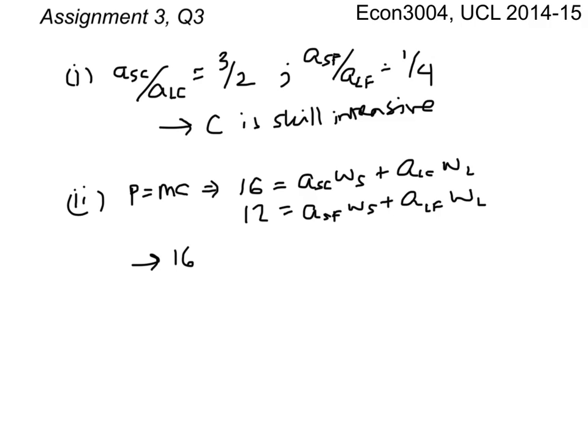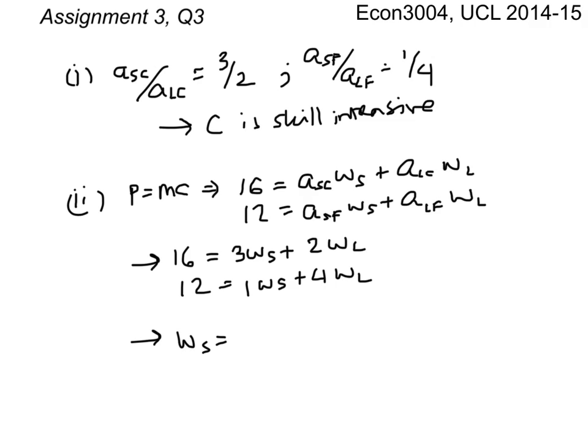So you have two equations in two unknowns, and you can solve this very easily to find that the two wages are 4 and 2.